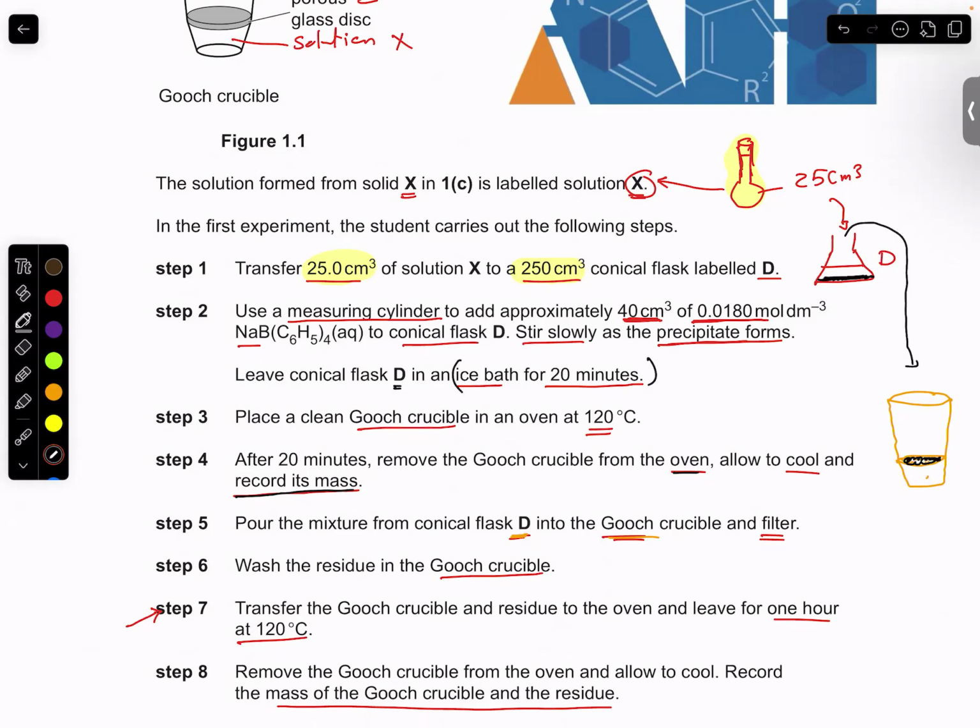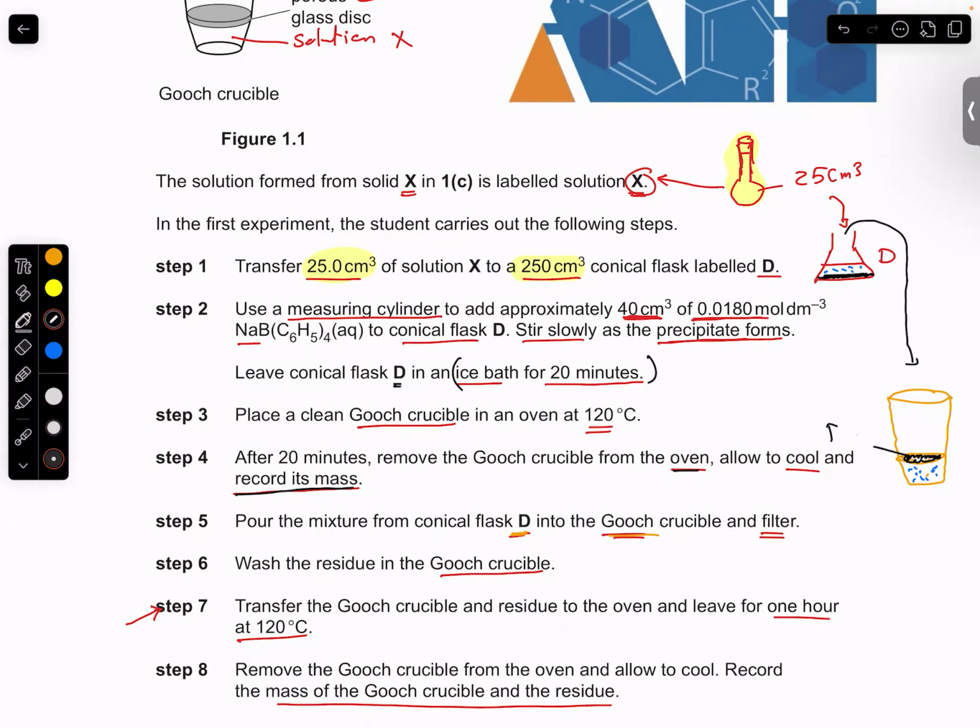The precipitate will remain up, and the solution will go down. This will be the precipitate that contains potassium ions, and the solution will contain the rest, sodium chloride and sodium nitrate. Pour the mixture from the conical flask into the Gooch crucible.